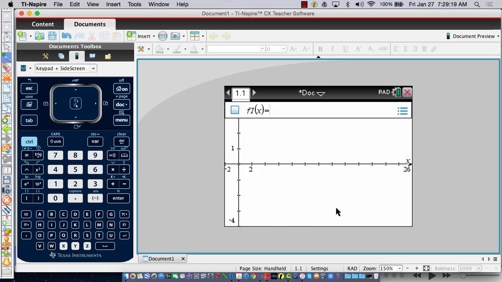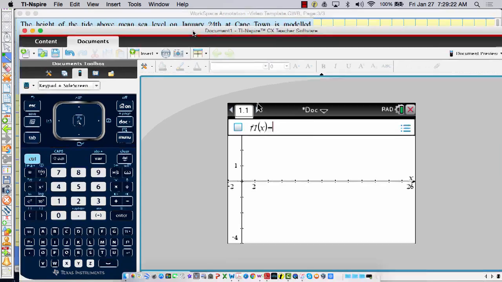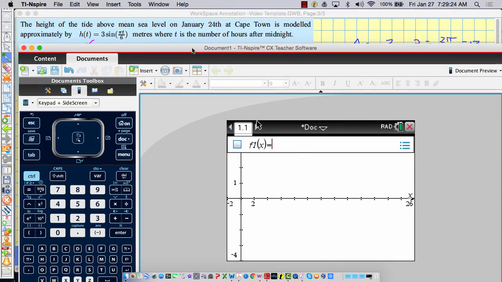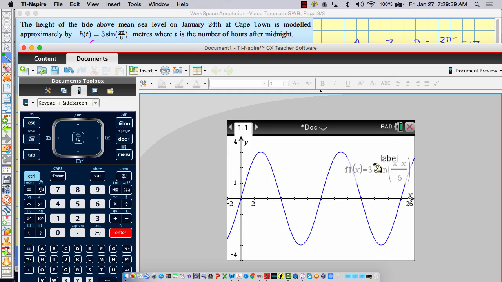And we get that, okay? And so the original function is 3 sine of pi times x all over 6. See how that looks? Nice, clear model.